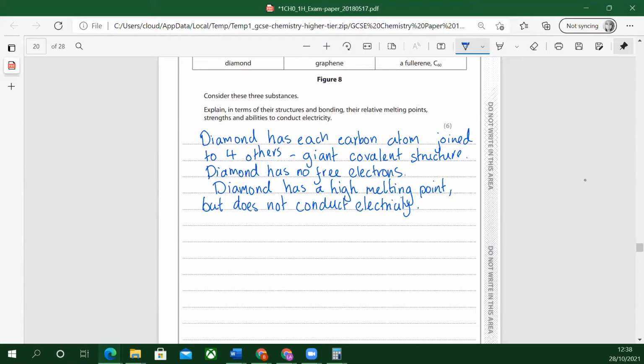Okay, so graphene is the next one. It's like graphite. So graphene is also a giant covalent, so it has a high melting point.